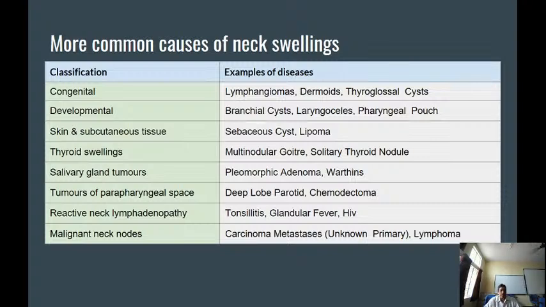Then if you go a little deeper, the thyroid swellings, midline, either goiters, which are nothing but enlargement of the thyroid gland, physiologically, or sometimes the neoplastic. The thyroid tumors or masses are divided into benign and malignant.